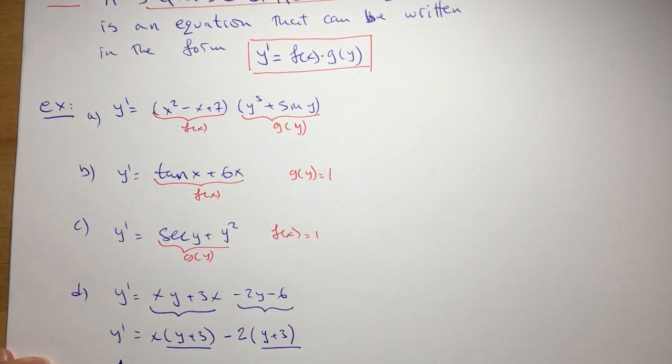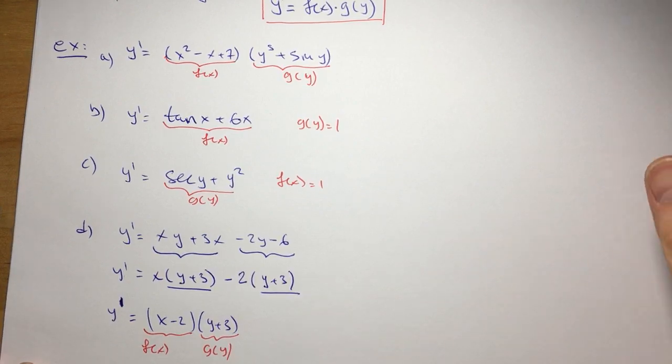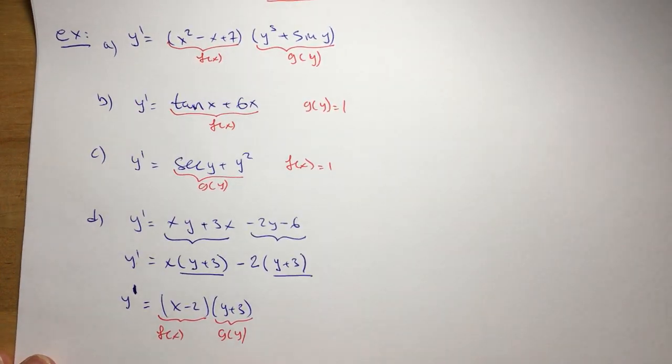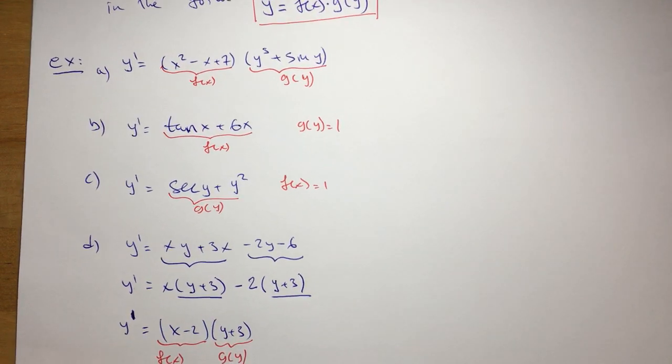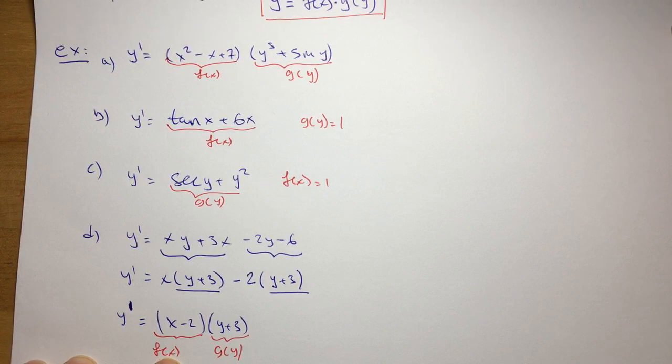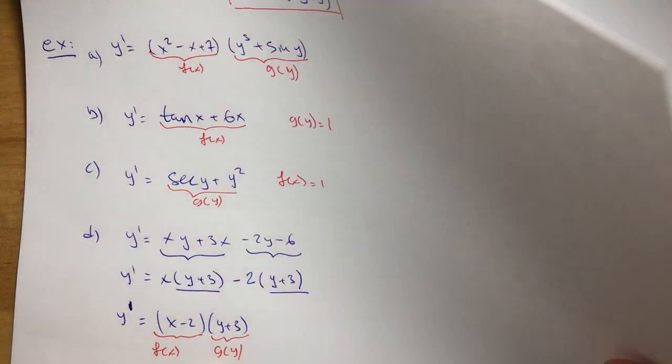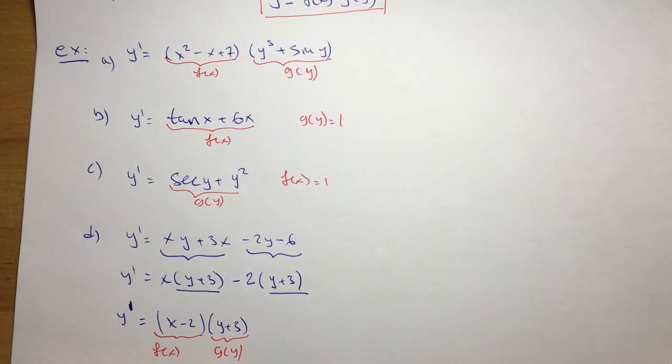And obviously this is indeed a separable differential equation. Sorry about that. Because the change of y with respect to x can be expressed as a product of two functions, one of them defined in terms of x and the other one solely defined in terms of y. Okay?